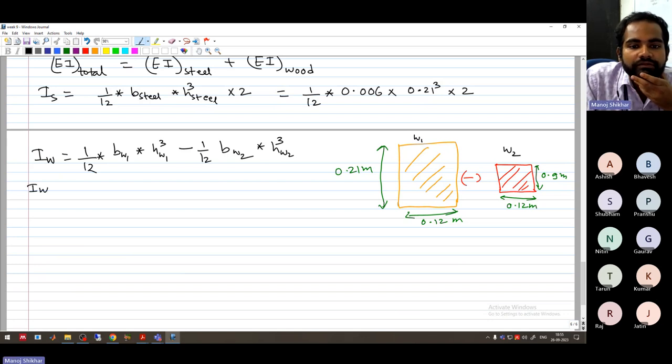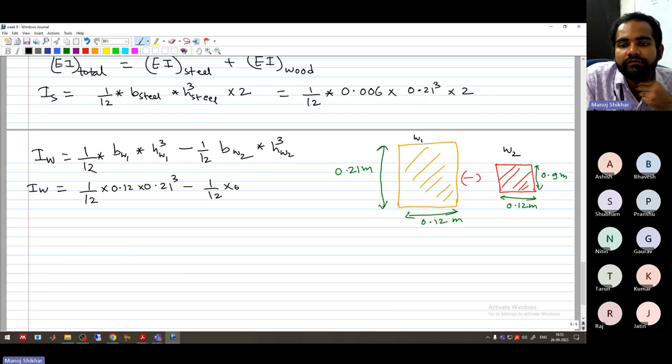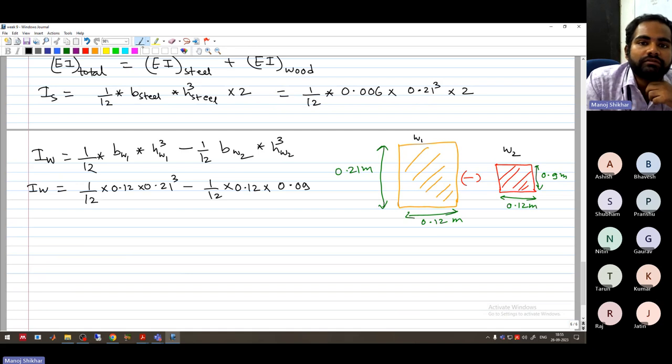So IW will be 1 by 12 into 0.12 into 0.21 cube minus 1 by 12 into 0.12 into 0.09. Oh, sorry. It should be 0.09, not 0.9 meter.